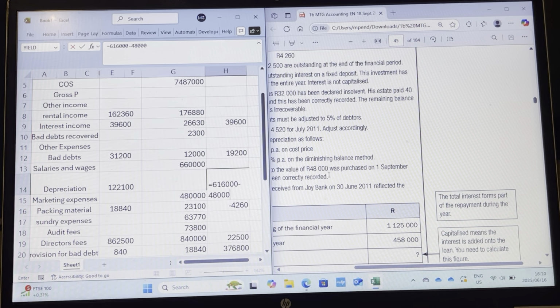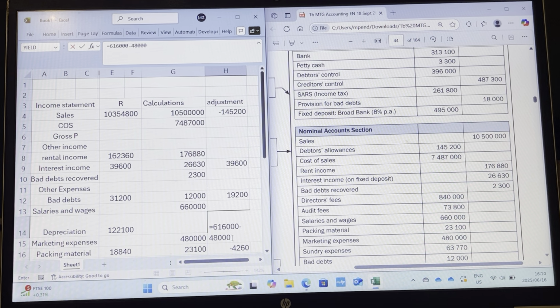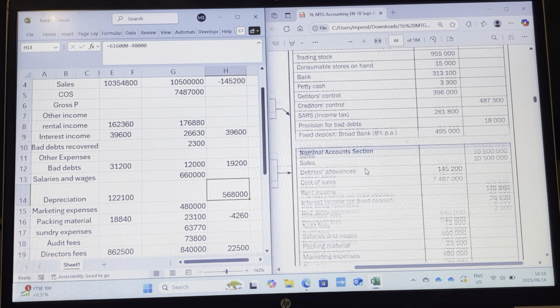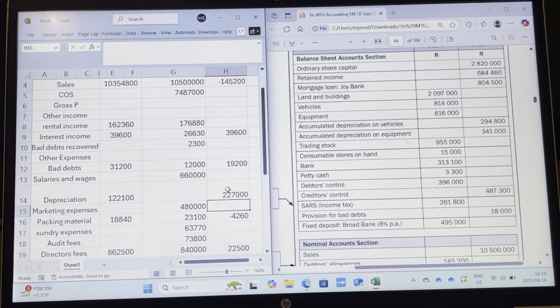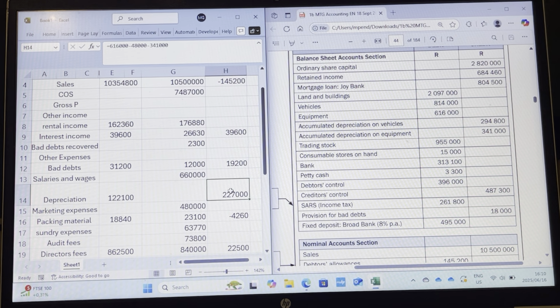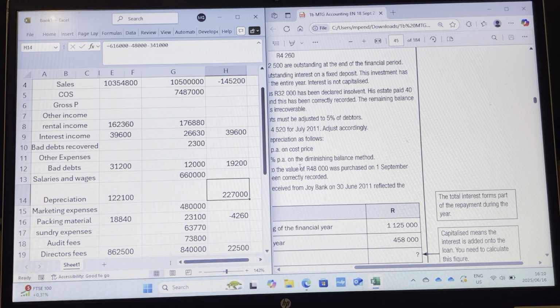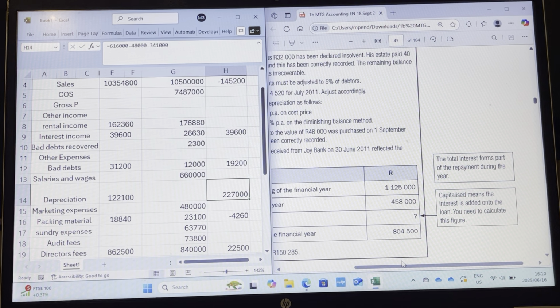Let me just double check. Yes, it's 48,000. That'll give me 568,000, which was our original equipment that we've had the whole year, and it's on the diminishing balance, so we have to remove this 341,000. That gives me 227,000 on the carrying amount, and it is 10% per annum. Let me just confirm.